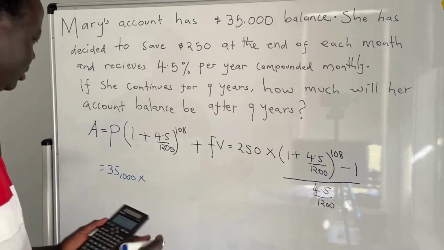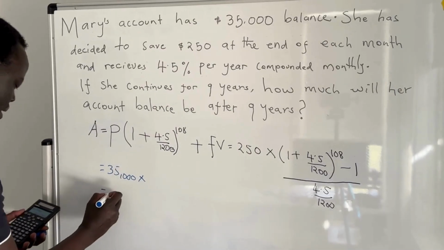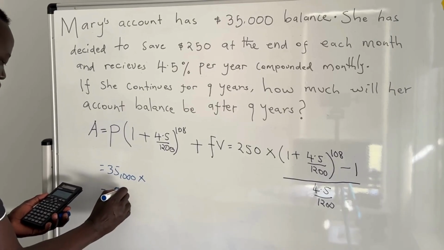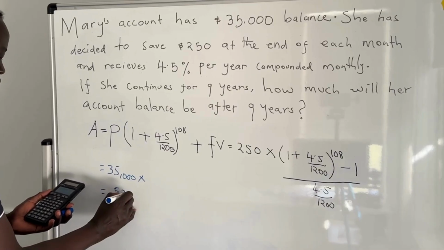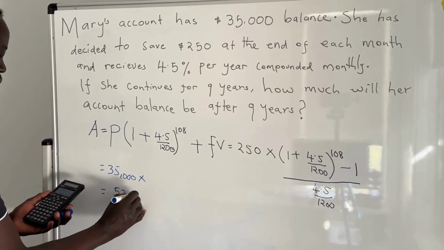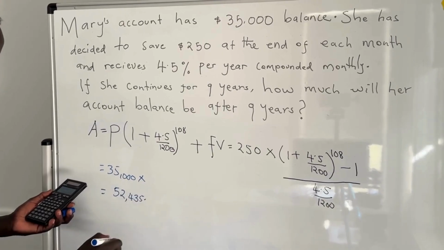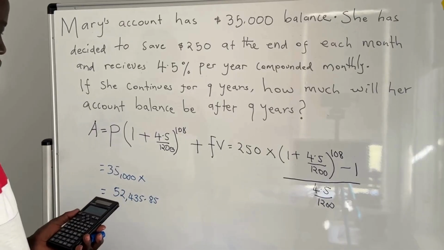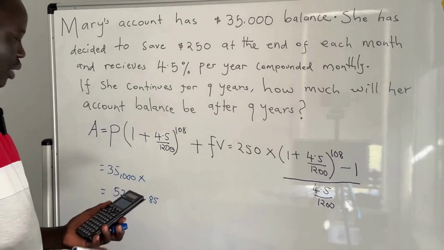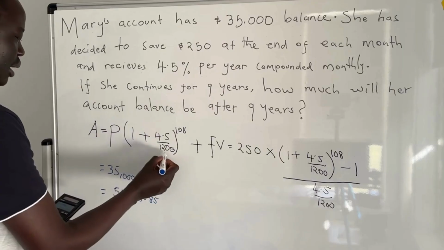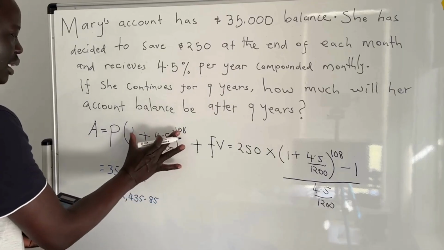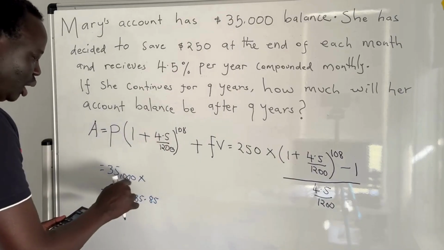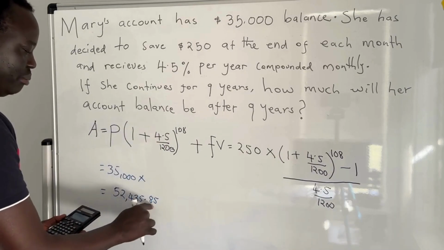So you will get 52,085.85. So this part, after calculating it, is what you multiply by 35 to get this amount.